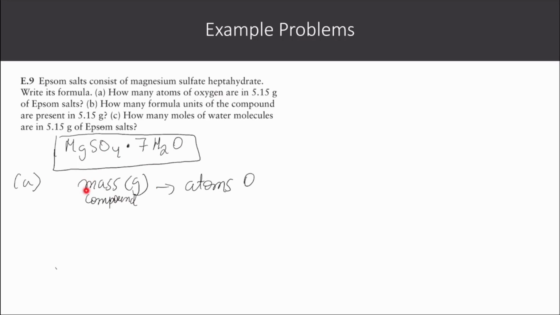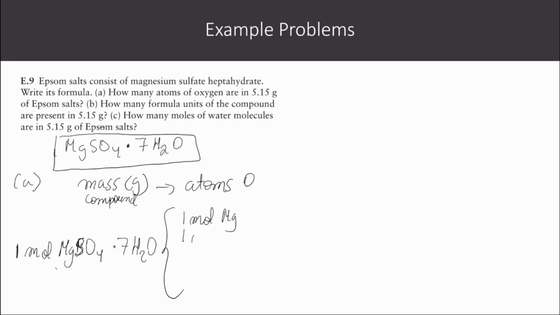So to do that, we define 1 mole of this hydrate, magnesium sulfate heptahydrate. For this compound there is 1 mole of magnesium and 1 mole of sulfur, and we find these two just by looking at the formula.